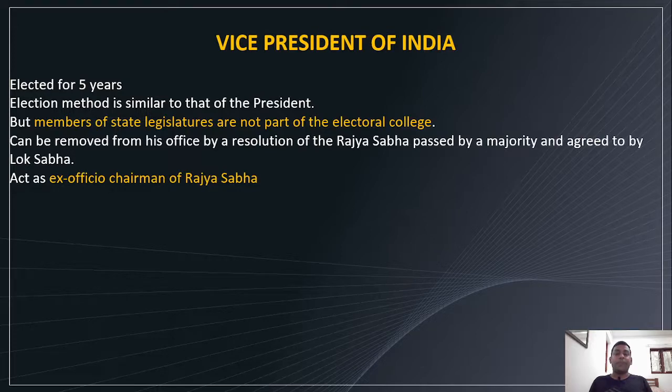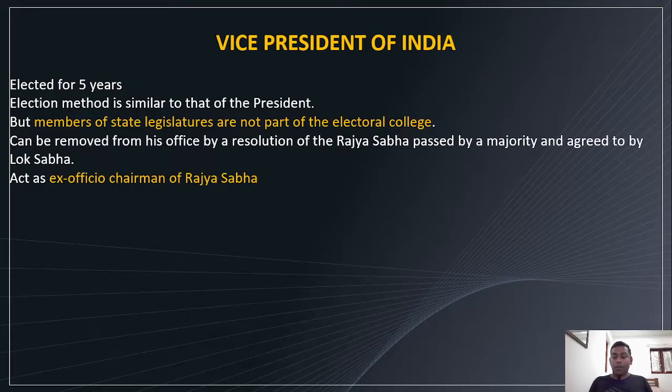So that's what ex officio is. Hope you understood the logic, right? Ex officio means at the time of holding an office, taking a position in another office. The vice president holds his office, and at the same time he becomes the chairman of Rajya Sabha. That's what ex officio is: taking another position, another designation.